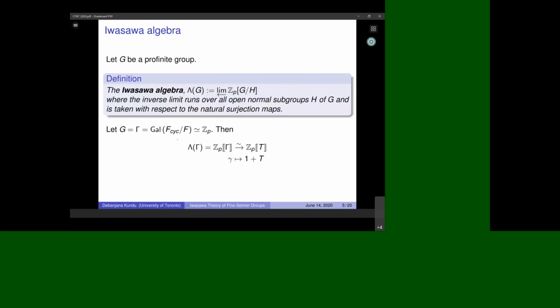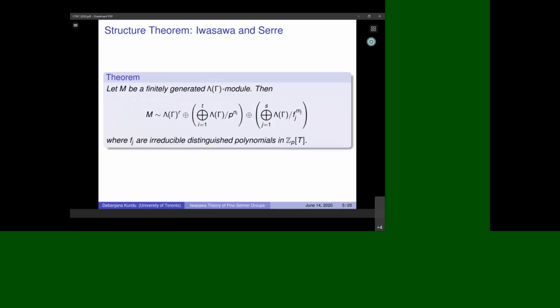It is Z_p[[T]], and you have this identification where gamma goes to 1 plus T. This isomorphism actually helps in writing any finitely generated Lambda_Gamma module in this form. This is called the structure theorem. It was due to Iwasawa and Serre.